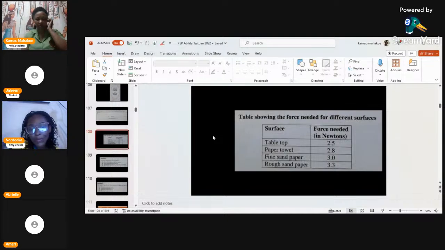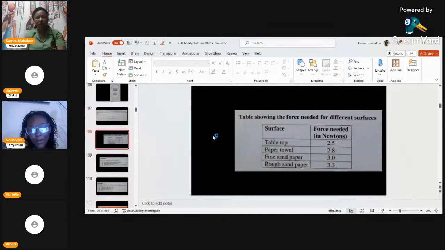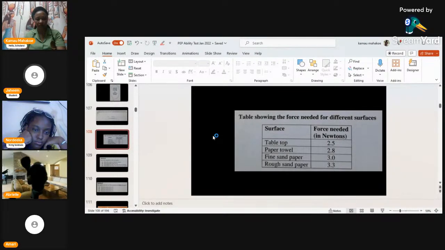Tabletop, 2.5 newtons. Paper towel, 2.8 newtons. Fine sandpaper, 3.0 newtons. Rough sandpaper, 3.3 newtons.